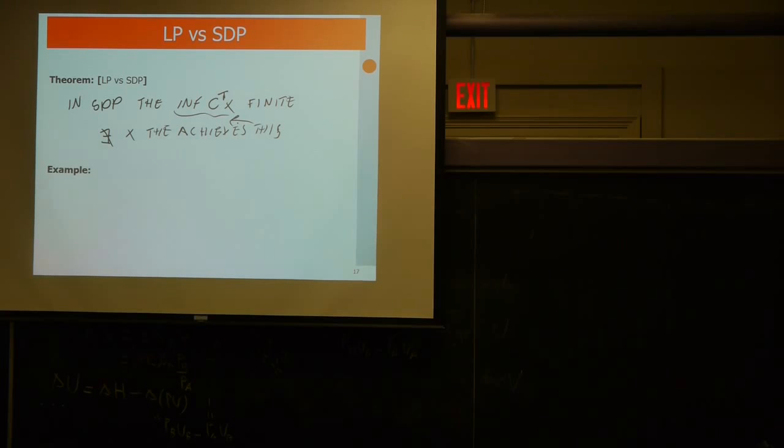Here it can happen because the feasible set can be open. So you keep going towards the boundary but never touch the boundary because it's not there. Right. So you remember that.